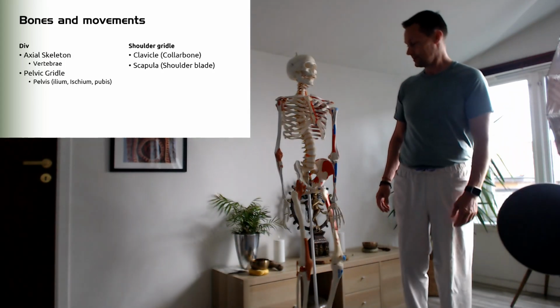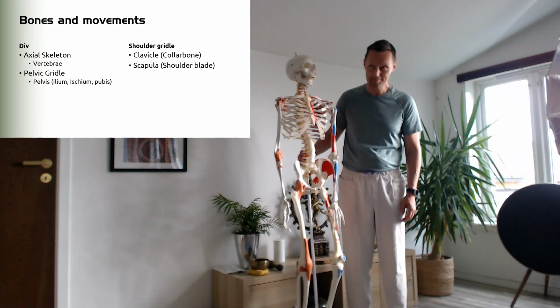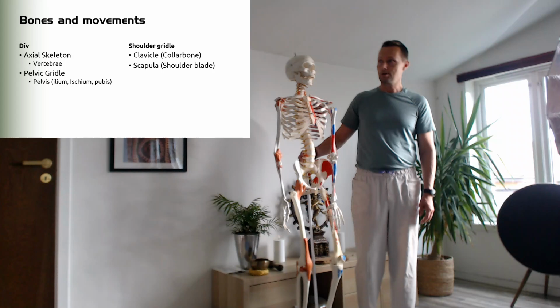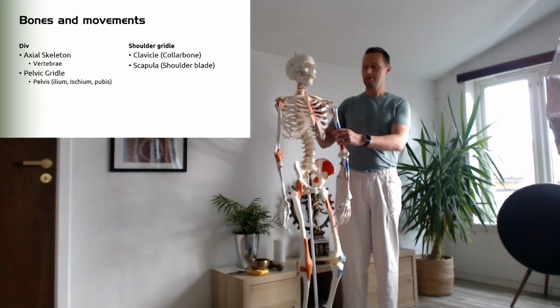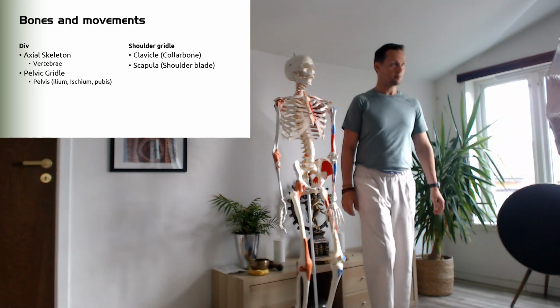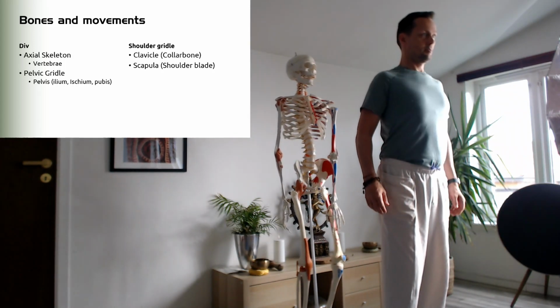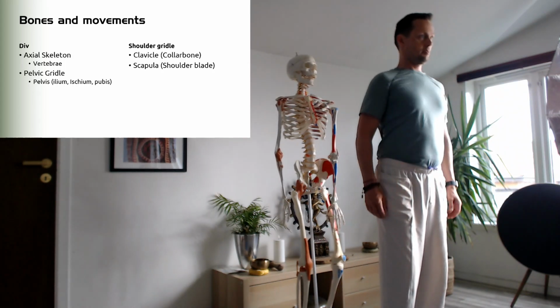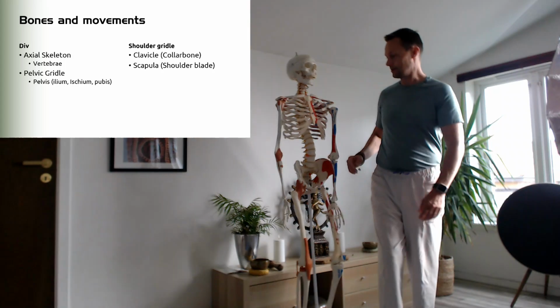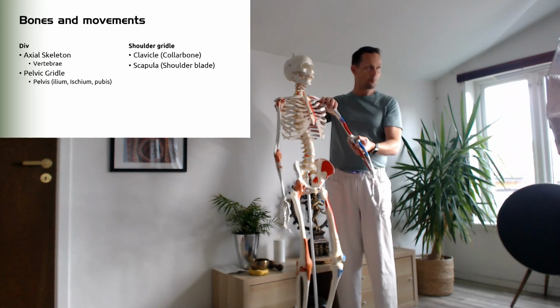Yeah. So we have other movable parts in the body, right? The shoulder girdle, I'll start on the right side. The shoulder girdle has an important function in movement, right? It's where our upper arm is attached.